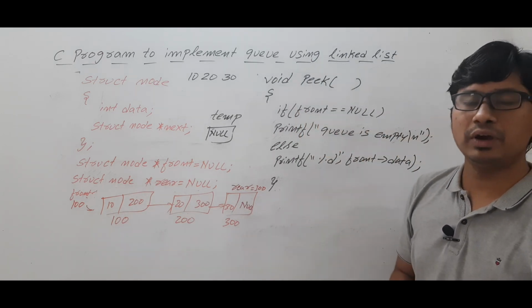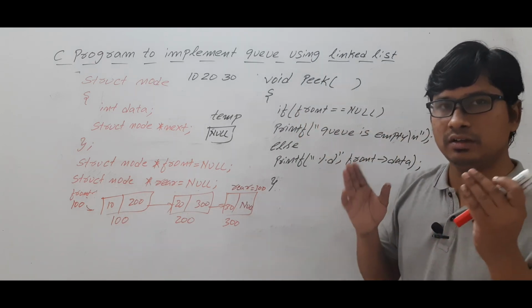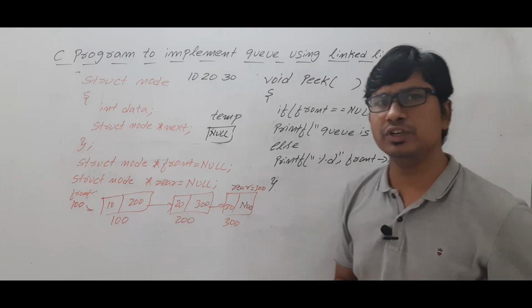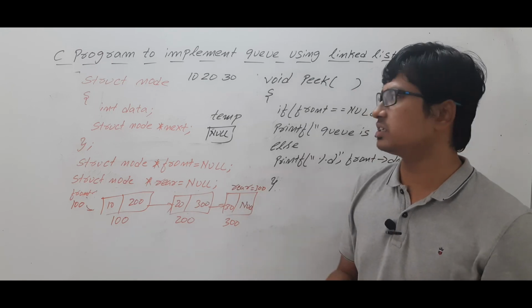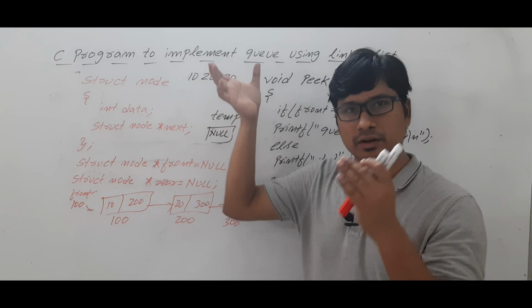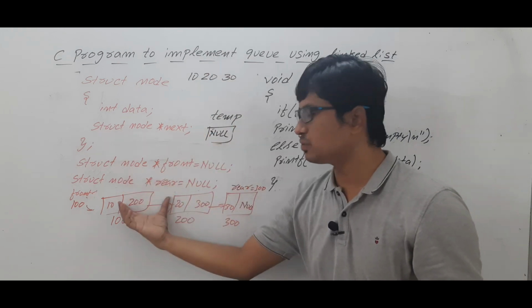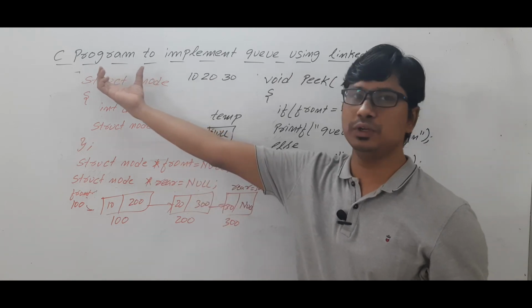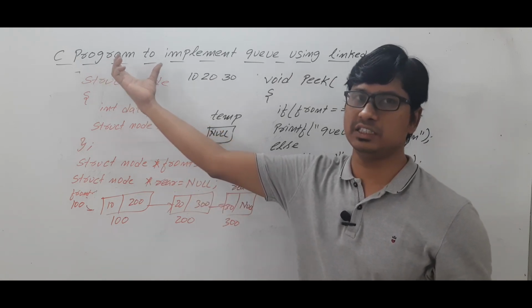So I hope you have understood how I have written the functions such as enqueue, dequeue, display and peek. In the last video, I have discussed about the main function. Okay, you declare this node structure globally and then you write this one globally. After that, you write the main function. Before that, you include the stdio.h and stdlib.h.